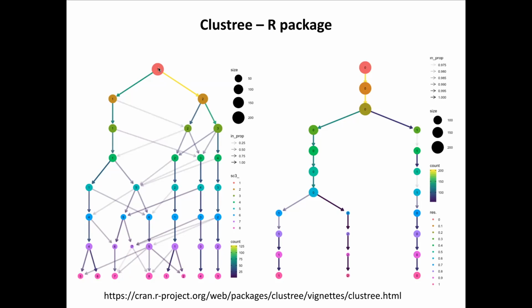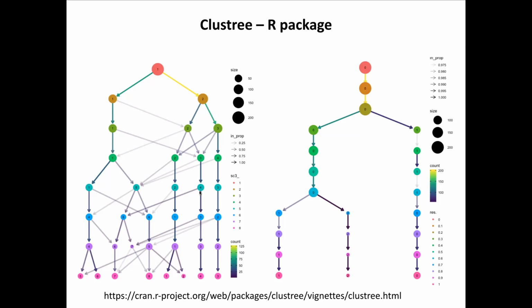So in this case, at different levels of number of clusters, you can see how many cells are going from one cluster to the next. And it's not this perfect split like you would have with hierarchical clustering, especially when you do this graph-based.